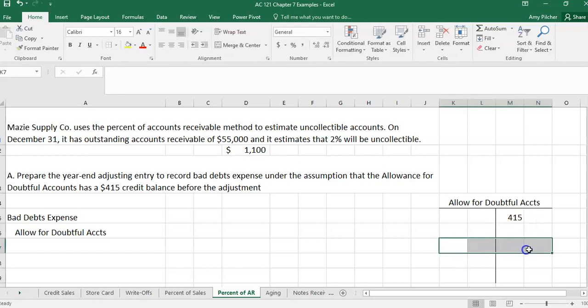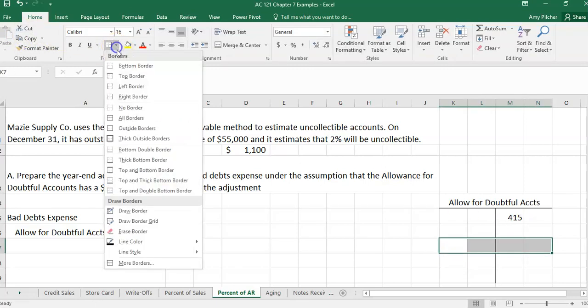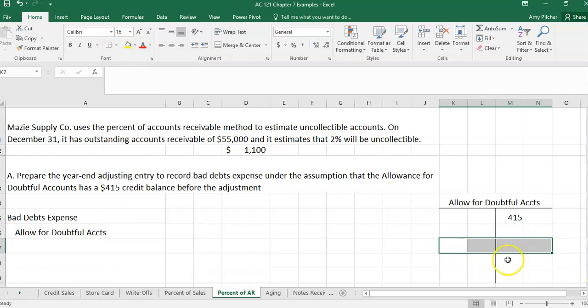So when we make this adjusting entry, we want our ending balance to be $1,100. So we need to record a credit to allowance for doubtful accounts and bad debt expense that makes this amount $1,100. So the final balance.